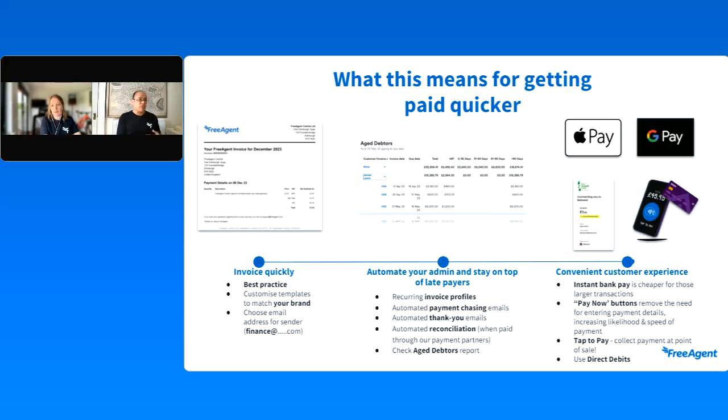In terms of PayPal, we've upgraded the checkout. So as you can see on the slides here, we've brought in those Apple and Google Pay options when you're using FreeAgent invoicing, and PayPal also has pay in 3. That's the option, as Ros was just saying, that customers can choose to split the cost of the invoice over 3 months if they wish to, at no cost to yourself.